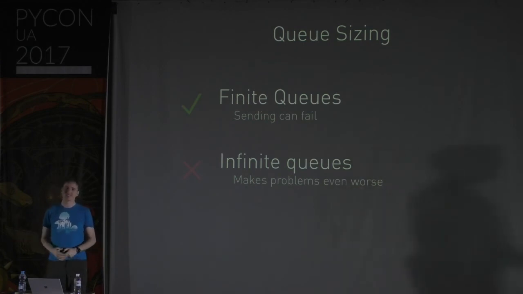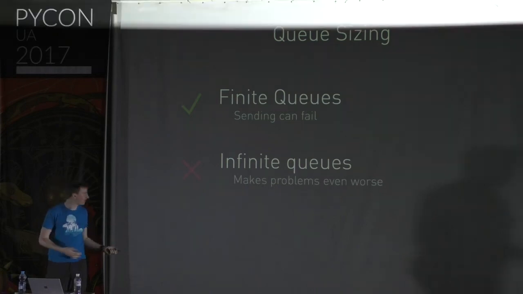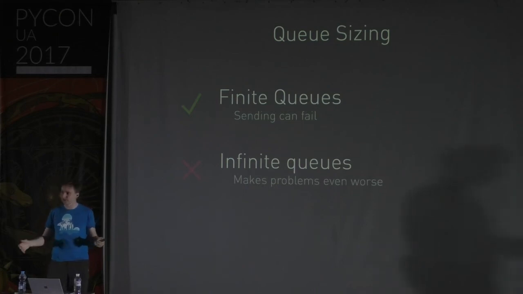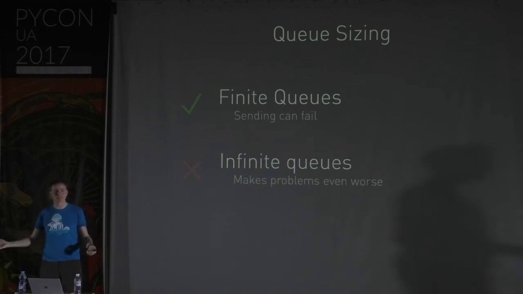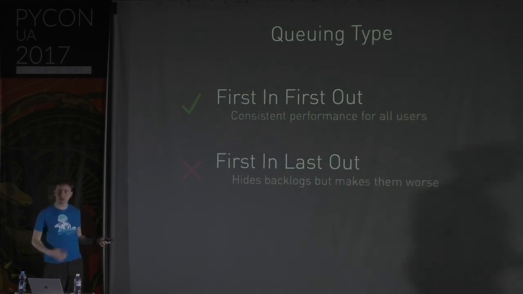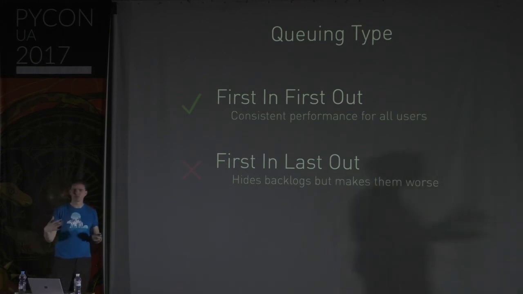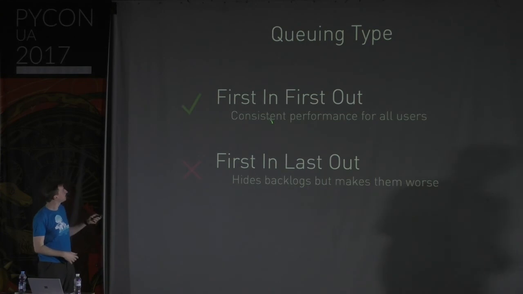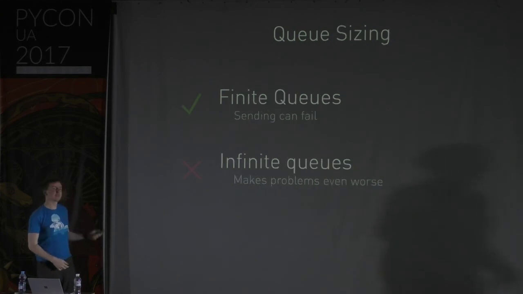What this means is, if you have a load of traffic or an error or something goes down, your queue gets longer and longer and longer. People who turn up get slower and slower and slower, and it ends up having a really bad time. What you can do, if you really want to, is combine infinite queues with first in, last out, a stack. That actually works quite well, as long as you time out things that are a certain amount old. But given we're choosing the first one here, having finite queues is good.